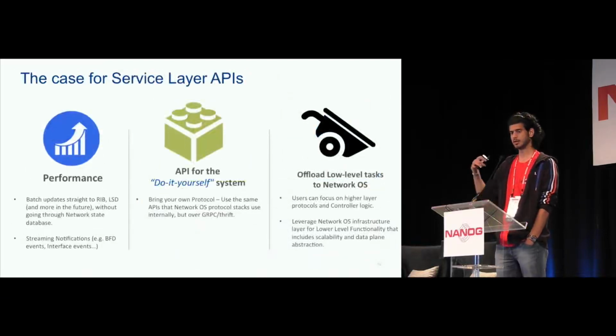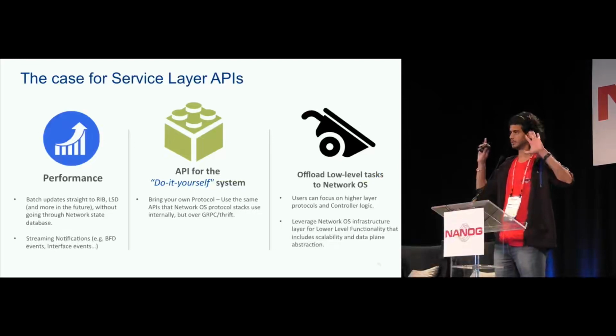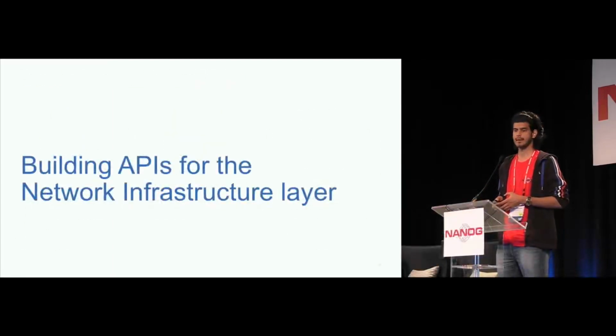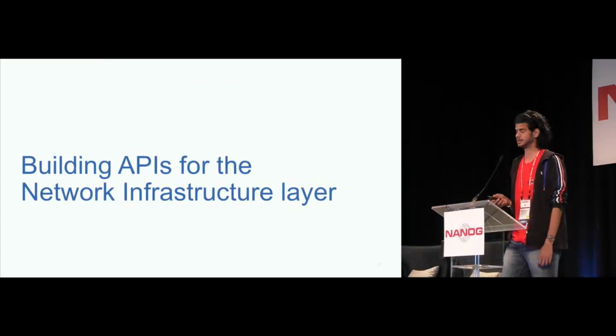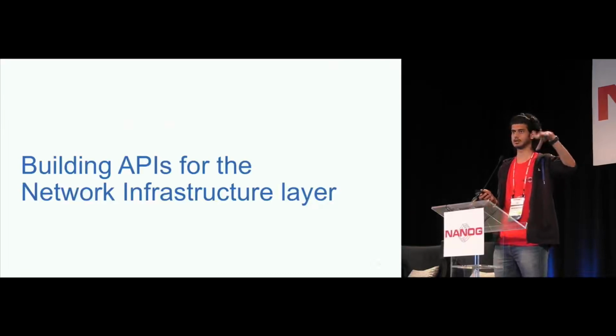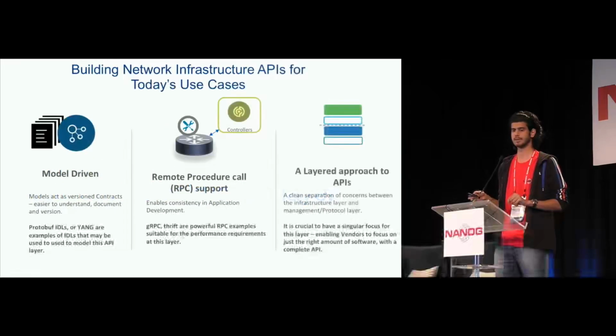So let's tie all of that together. Think about these three primary requirements, and we're going to hark back to them as we go along. All right, so let's start building these APIs for the network infrastructure layer. We're going to meet performance requirements, potential exhaustive APIs around the lower layer requirements, as well as the offload requirements for these APIs.